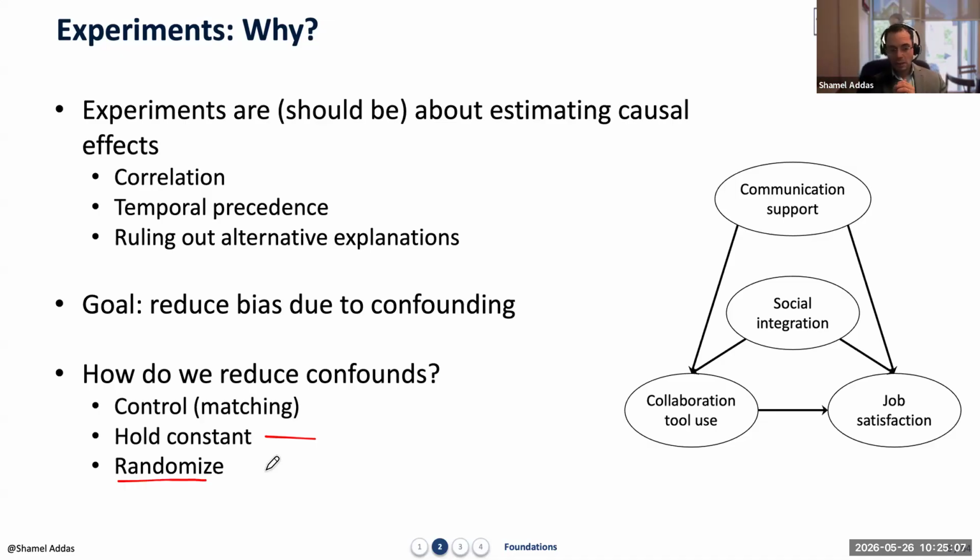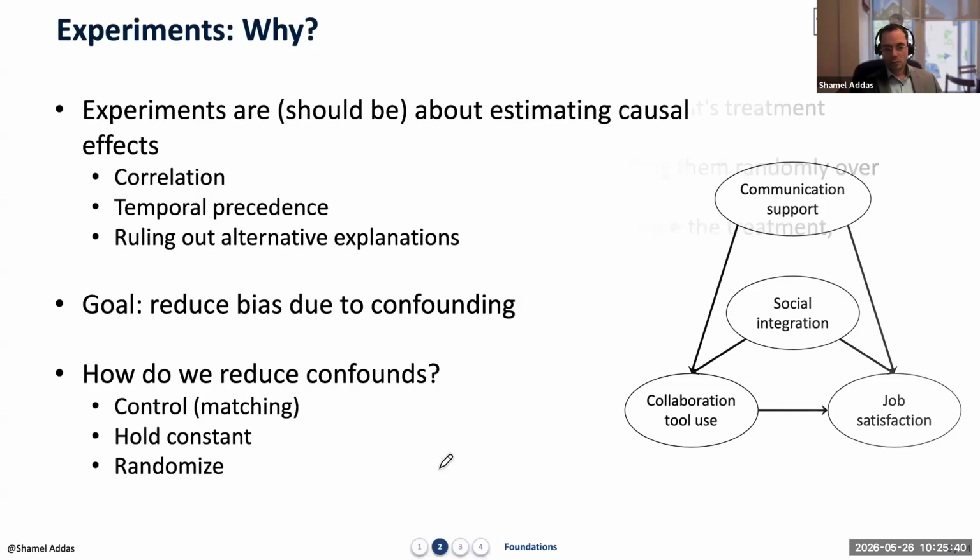And then whether we're worried about social integration or communication support, chances are that if we just randomly assign people, some people will land in the first group that have high and low, both, like all different levels of social integration. Similarly, in group two, we'll also have a mix of people with low and high and medium social integration. So we're trying to cancel out or average out the effect in that way.